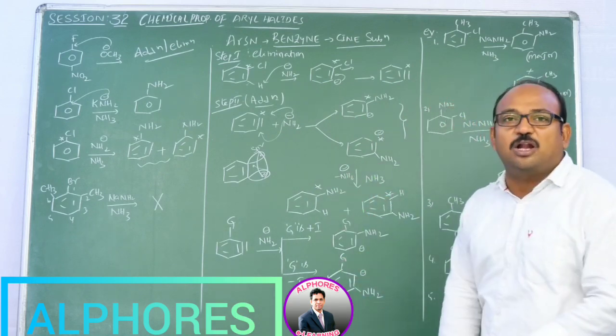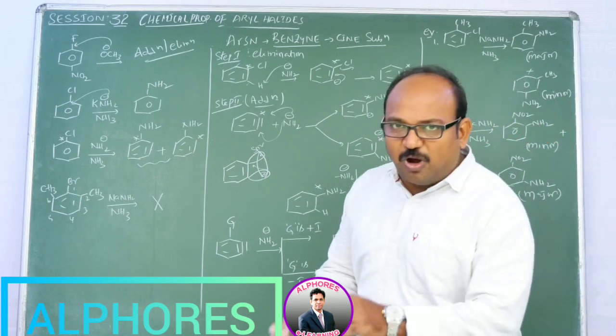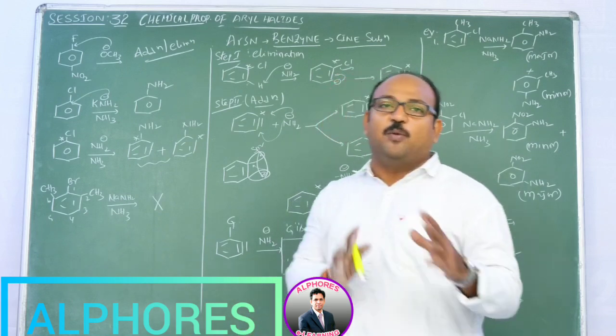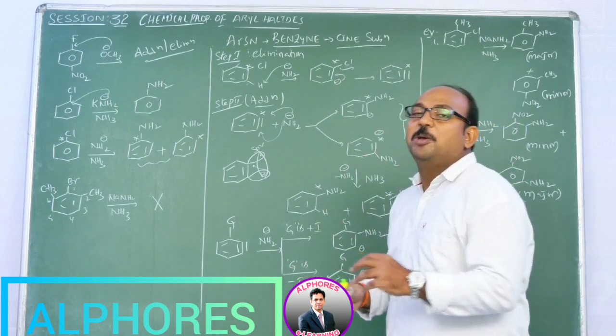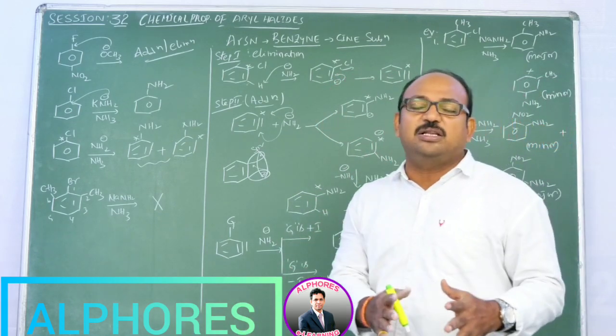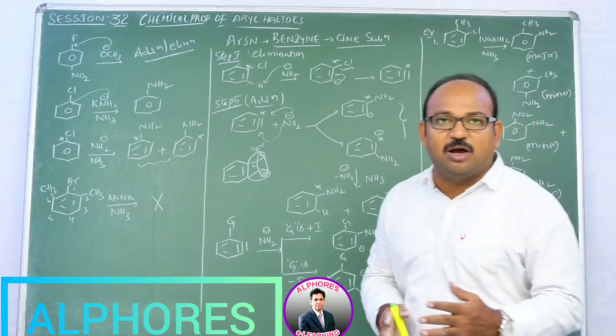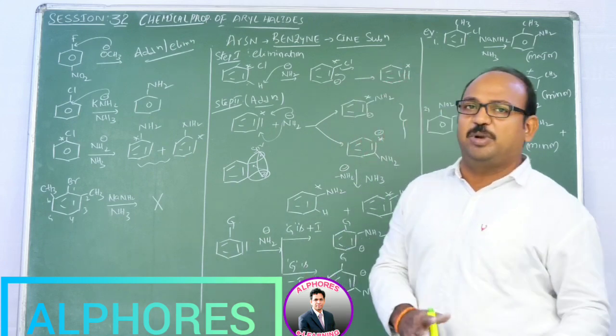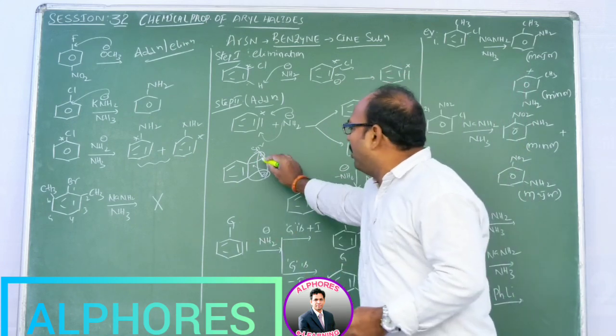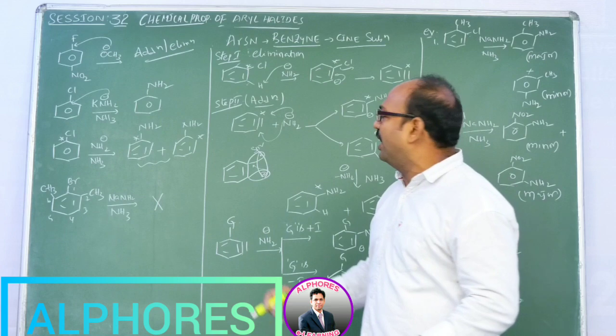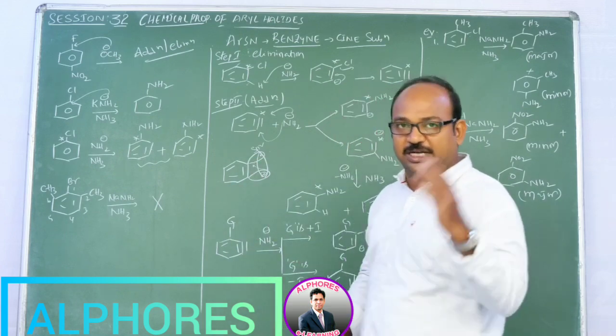So this one is not truly a pi bond. This bond is not formed by overlapping of pure p orbitals. Instead, this bond is formed by overlapping of sp2 hybrid orbitals. So this pi bond is quite different from the remaining 3 pi bonds. That's the first point.